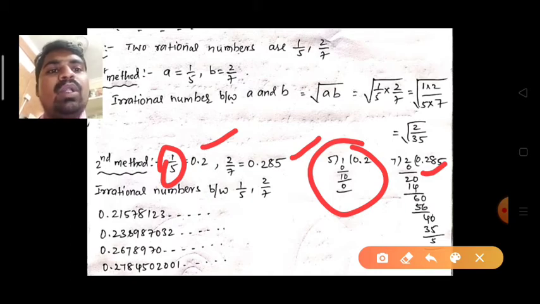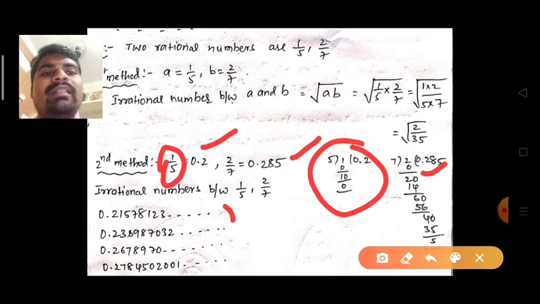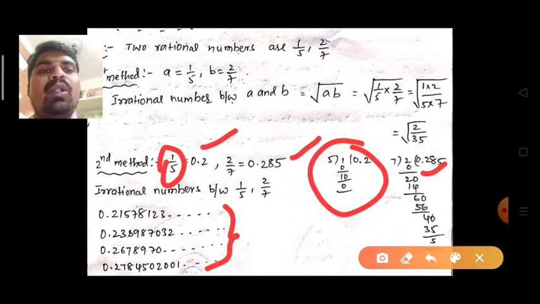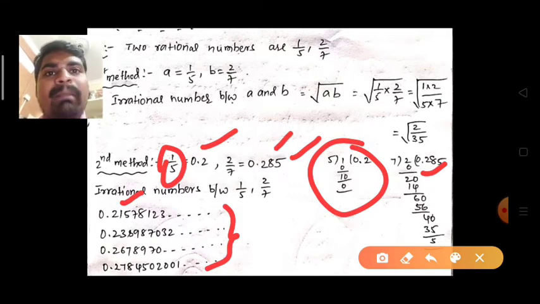Then we can write irrational numbers between 0.2 and 0.285. I have written many examples here. 0.21 starts with 1 only, because here 28 is there and you should take digits below 8. Many examples are there.